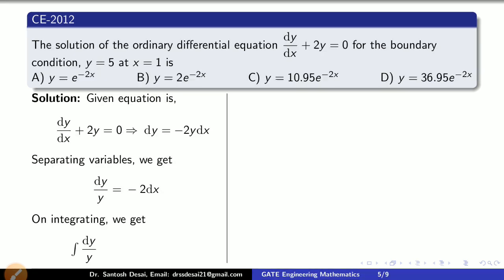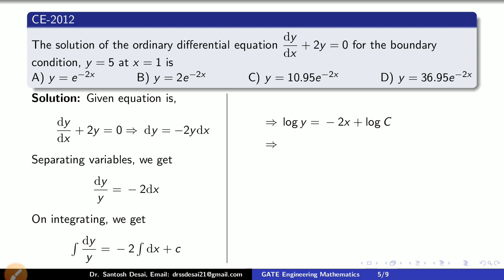Now integrating, we get integration of dy divided by y is equal to integration of minus 2 dx plus c. Now the integration of LHS is log y is equal to minus 2x, and for calculation purposes let us take the integration constant as log c.